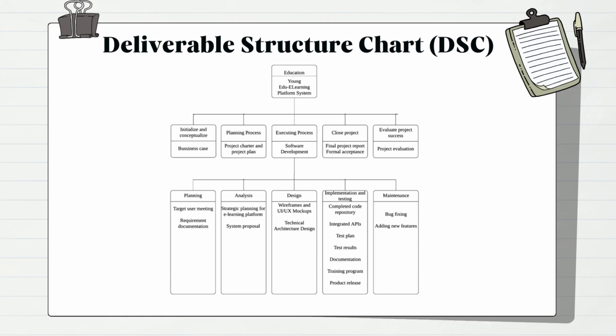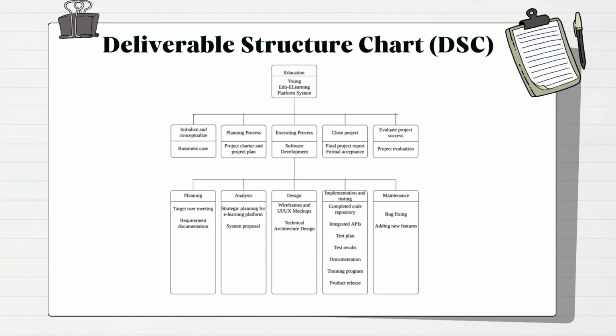After closing the project, we evaluate its success. This phase includes conducting a true project evaluation to determine whether objectives were met and identifying lessons learned for future projects. The final phase is maintenance, where we focus on bug fixing and adding new features as needed. This ensures the platform continues to serve users effectively over time.